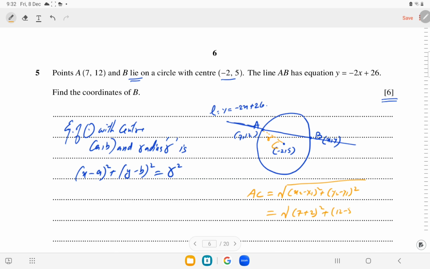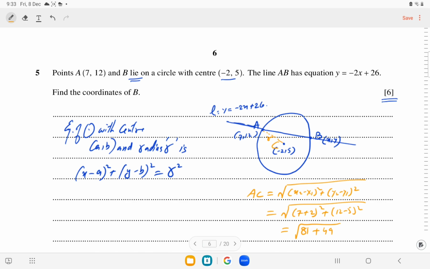So the coordinates of A and C, we can write 7 plus 2 square plus 12 minus 5 square, because this minus and minus 2 make it plus. 7 plus 2 is 9, 9 square is 81, plus 7 square is 49. Let's see with the calculator. You can do this directly with the calculator and write the answer.